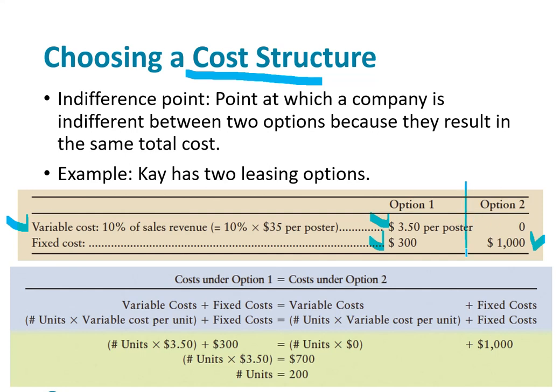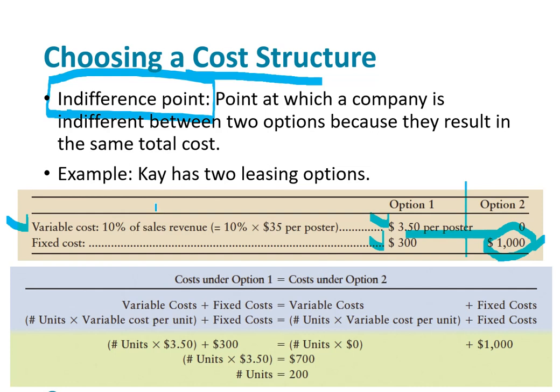We could choose, and this would be like if you totally automated something versus if you used people who are paid wages. So at what point is this an equal option? In other words, what is the point of indifference?